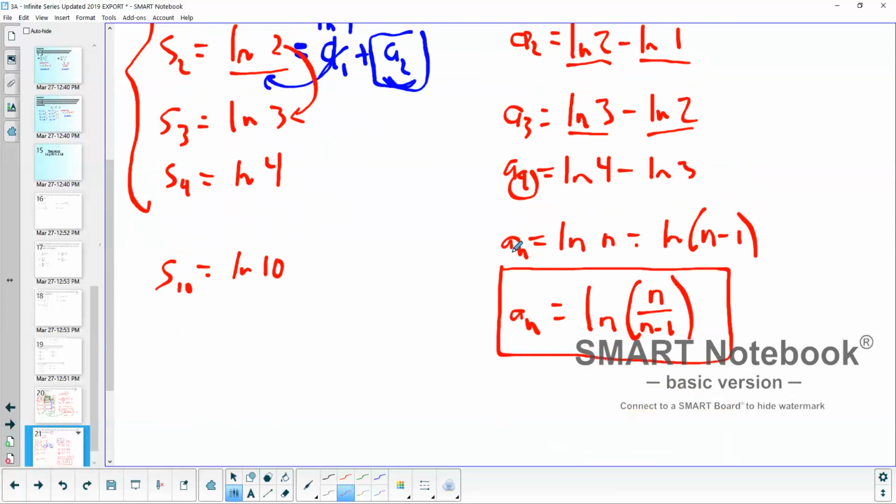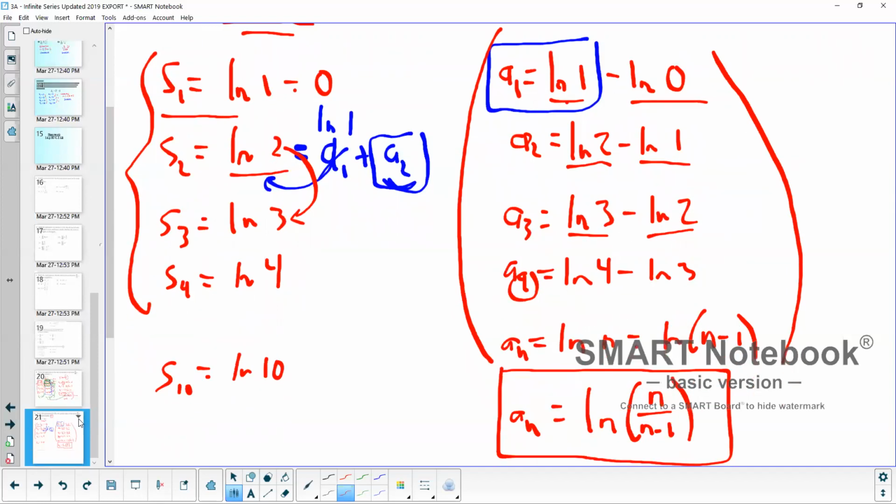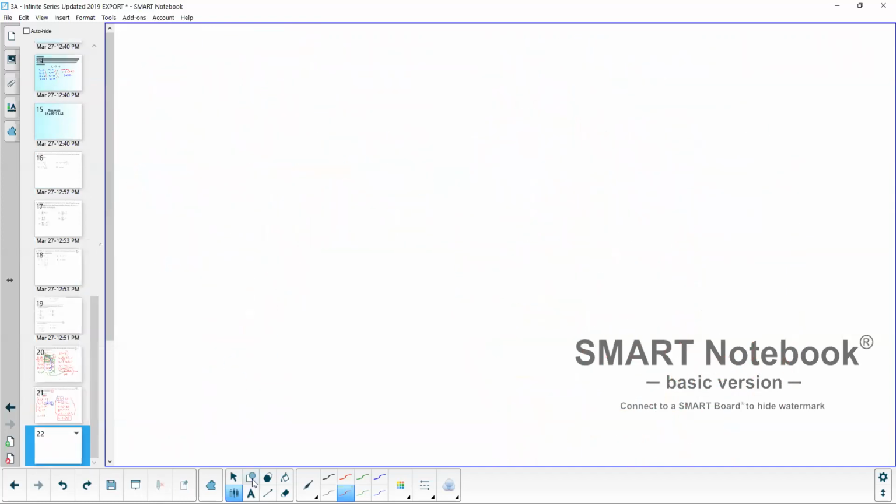And so the only way we could really come up with this rule is we had to expand these particular values to see if we could look for a pattern in the terms. And so I was going to stop there, but I figured I would do one more example to show you how this works. Let's say I give you a particular series.